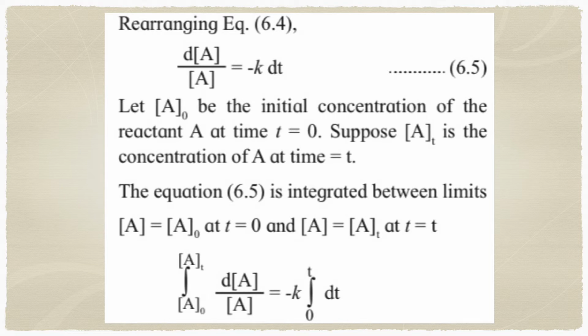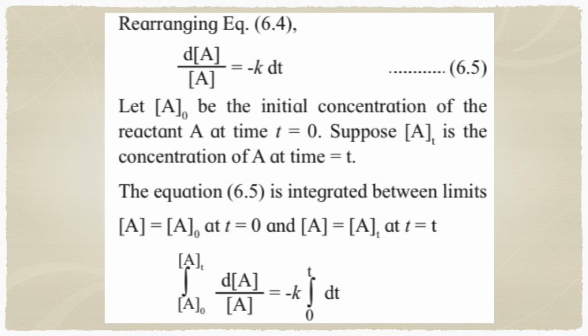We have only rearranged, as rate was equal to dA upon dt, that is equal to K into A. We have rearranged that equation and we got d concentration of A upon molar concentration of A equal to minus K dt.